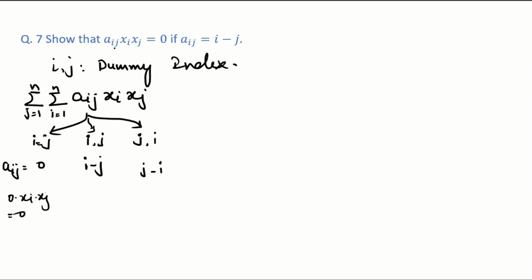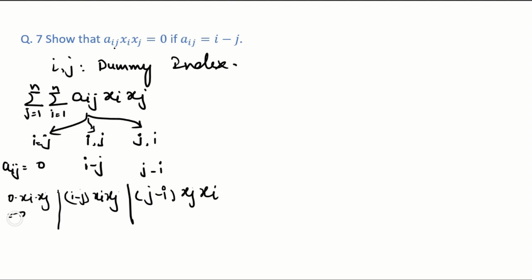The value of that term will be 0. When the first index is i and the second is j, you will have i minus j, xi times xj. When the first index is j and the second is i, you will have j minus i, xj times xi.